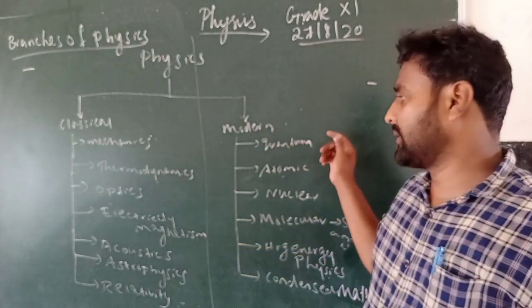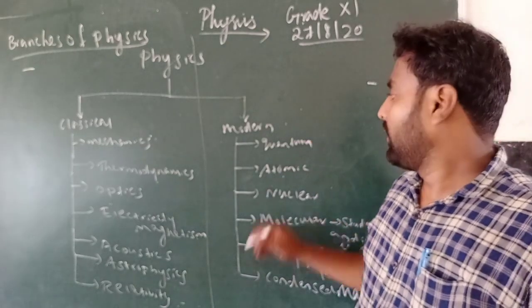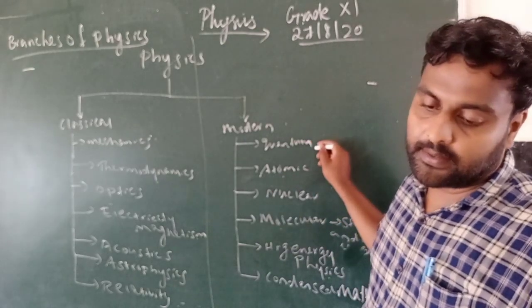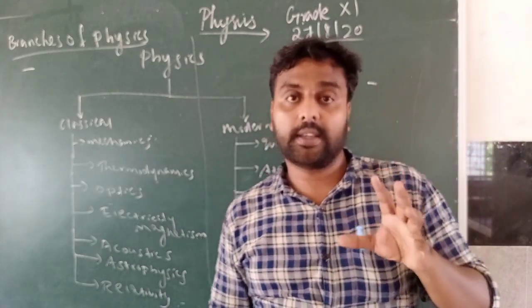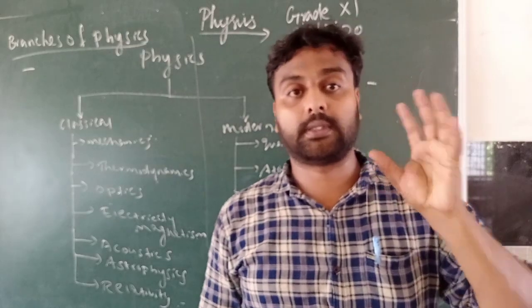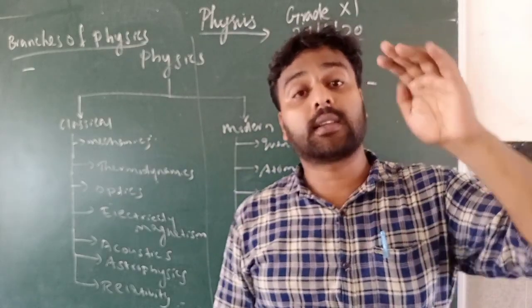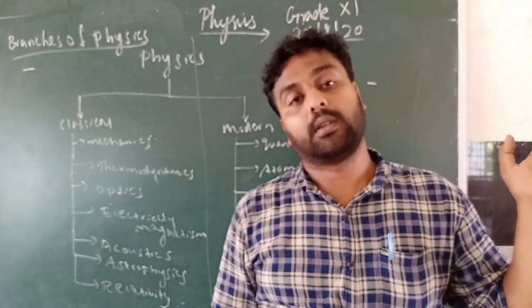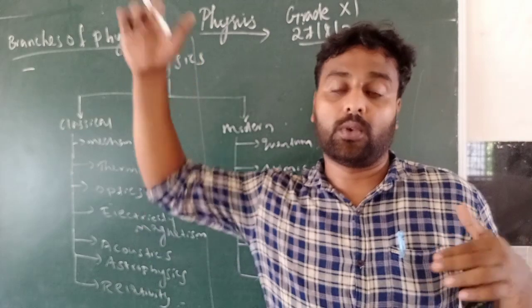Then, modern physics. Here, first one is quantum mechanics. Quantum mechanics means we are studying about atoms and the energy transmission from the atoms. It is beyond our textbook because we use quantum mechanics for higher level studies.